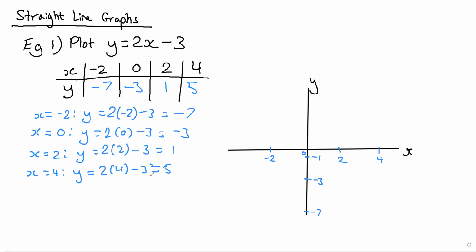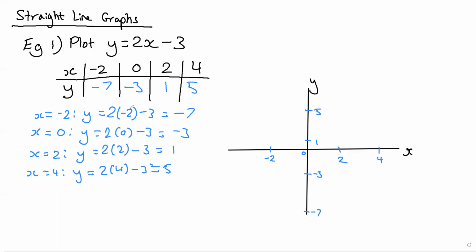Not -1, sorry, 1. We've got 1, and then we've got 5, like that. You'd usually use graph paper for this, so it would be more clear, but yeah.